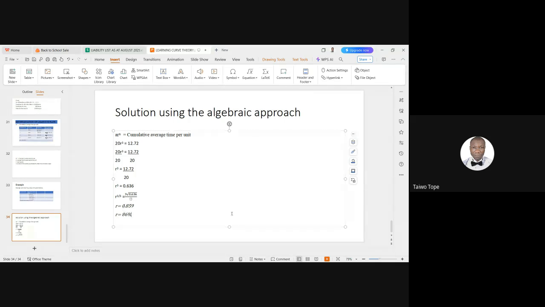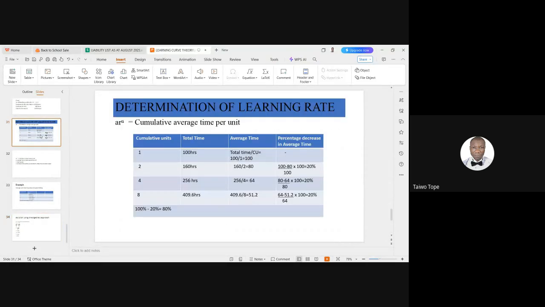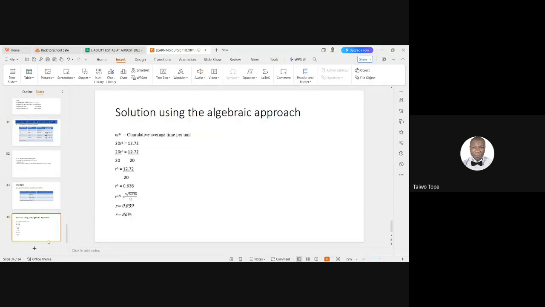So let's now work using this table approach and see if we'll get 86%. In some questions, they will not give you the learning rate, you determine it.